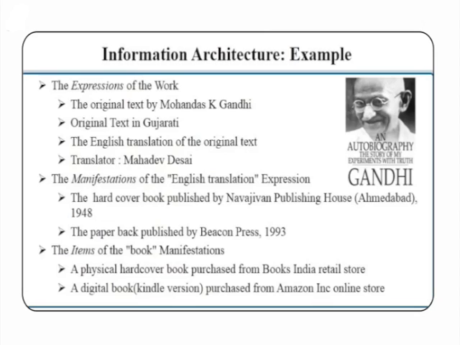Again, the manifestation of the English translation expression can be the hardcover book published by Navjivan Publishing House, Ahmedabad in 1948, or the paperback published by Beacon Press in 1993. The item of a book manifestation can be a physical hardcover book purchased from a Books India retail store, or a digital book, a Kindle version purchased from Amazon Inc. online store.